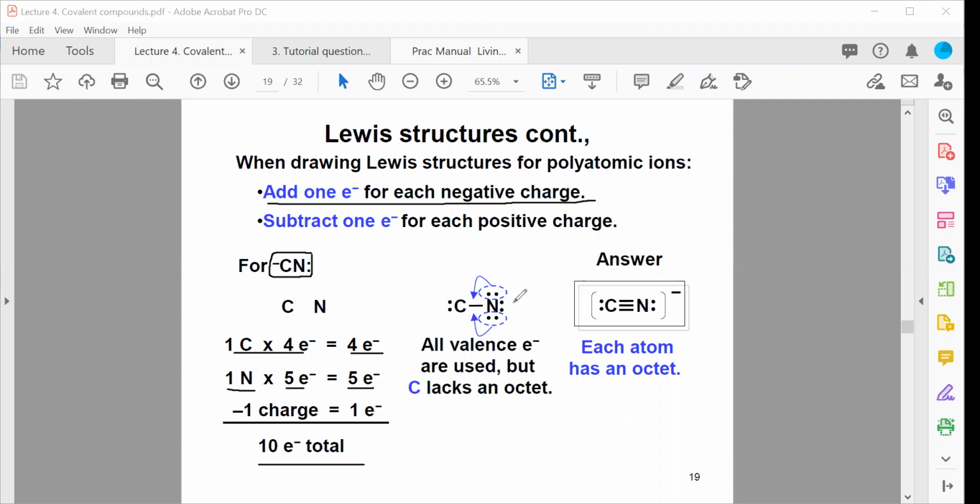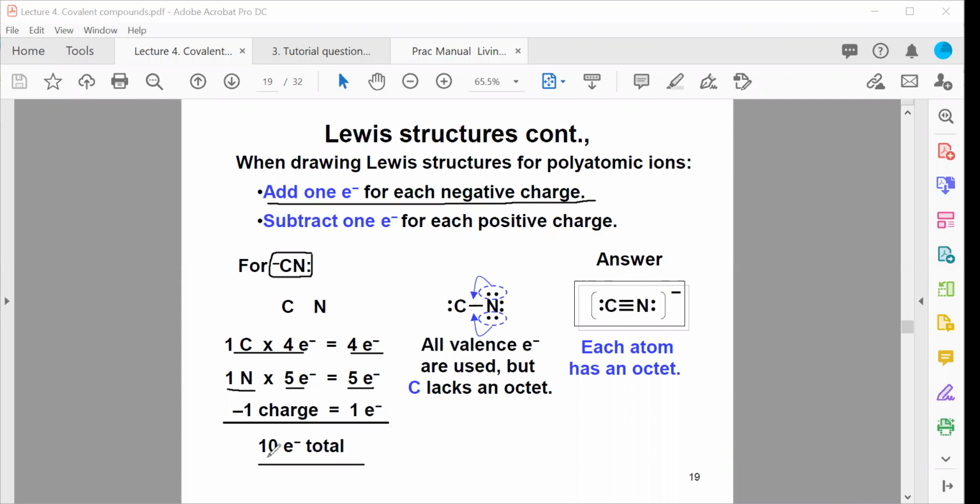If we actually draw a Lewis structure for cyanide as such, and we just use a single covalent bond, then all 10 of those valence electrons will be used, but carbon will lack an octet. But here we can see that with the presence of a triple covalent bond, let's count up the electrons now. 2, 4, 6, 8, 10.